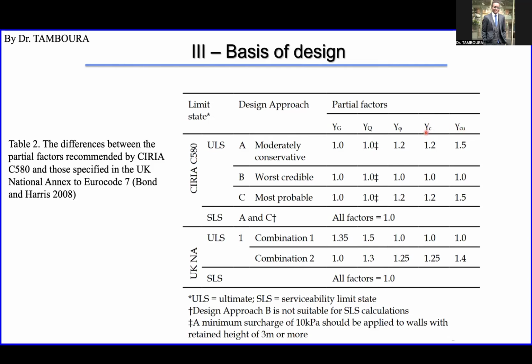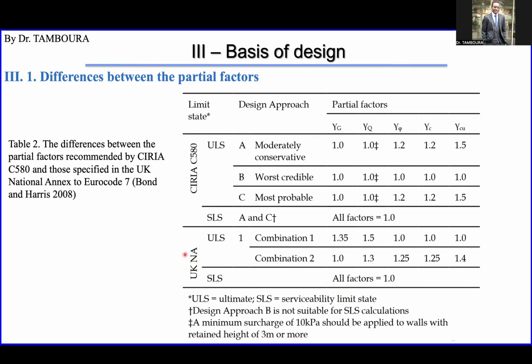This one is for the cohesion. This one is for the friction angle. This one is for a variable load. This one is for the permanent load. Okay. So you have this for ultimate limit state, but for serviceability limit state, this is what we have, A and C. Okay. Just one.